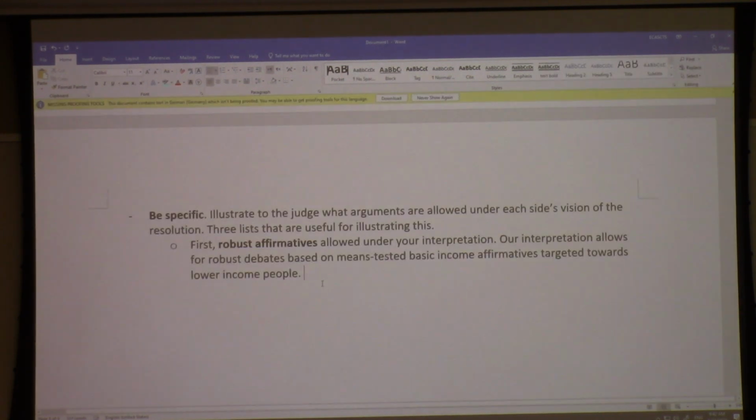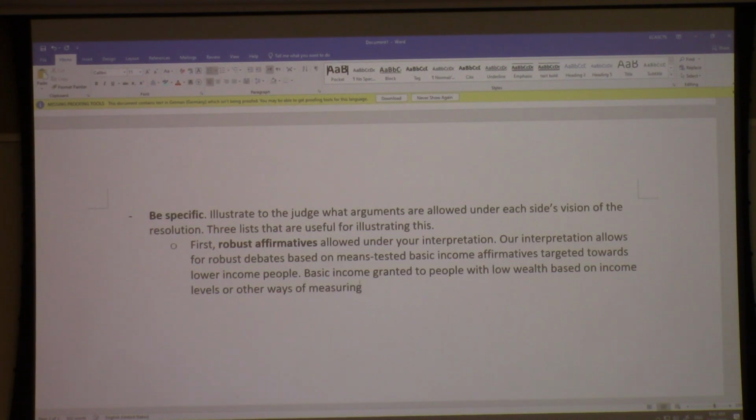So there's a lot of different affirmatives that could potentially fall under this vision of the resolution. And you would want to list these out. So basic income granted to people with low wealth based on income levels or other ways of measuring that. So that's the first list that you would want to include.